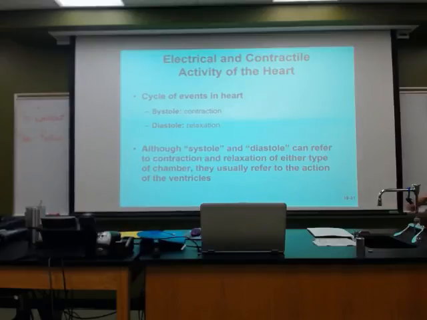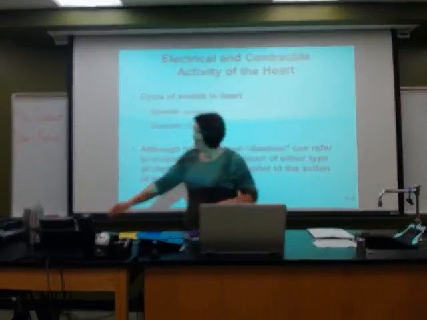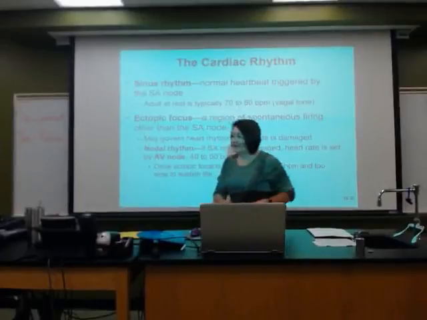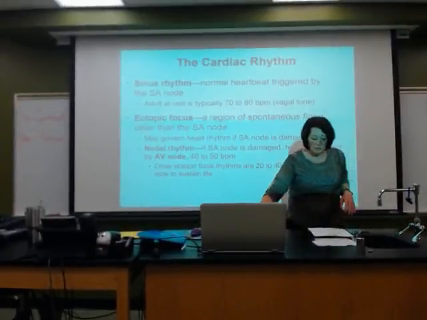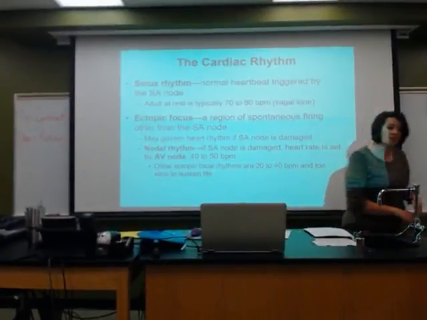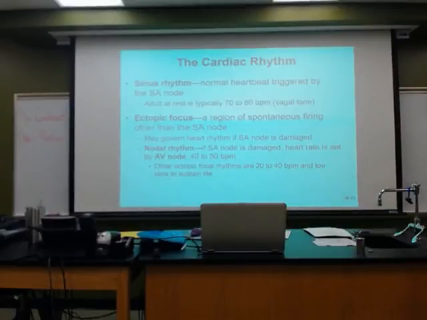So as we look at these events that are going to take place, we generate what's known as a cardiac rhythm. Now, under normal conditions, we get that nice little boom, boom, boom, boom that we think of with the heart beating.